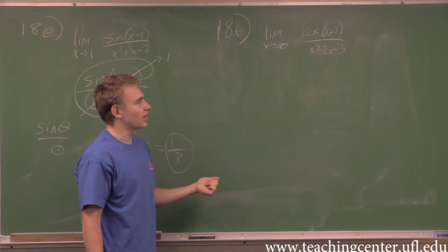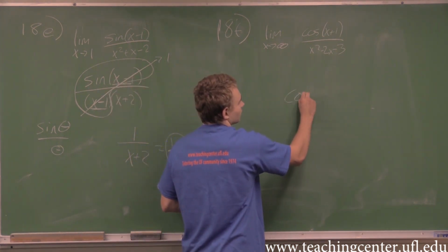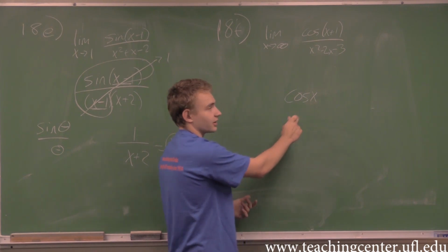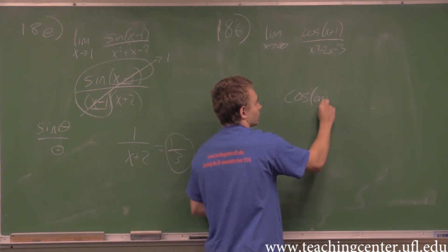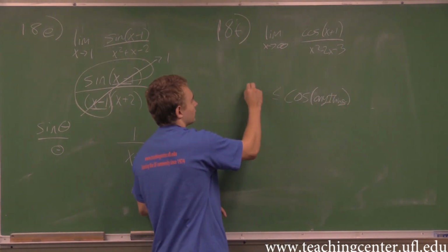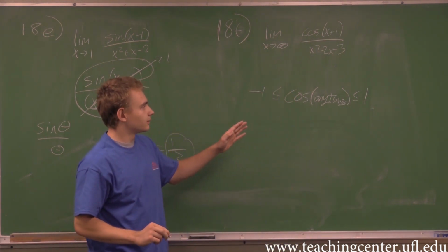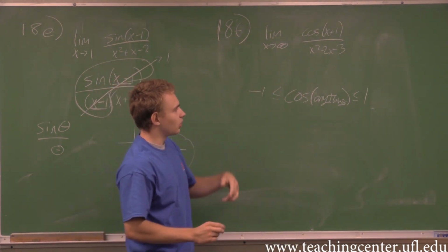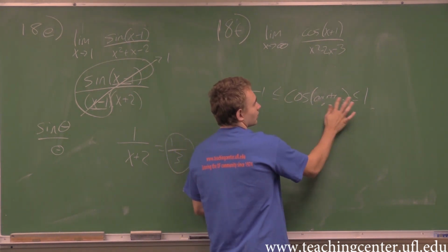So what I'll use instead is squeeze. I know cosine of anything, maybe I should just write cosine of anything, will be between -1 and 1, always. So cosine of x plus 1 will also be between -1 and 1.